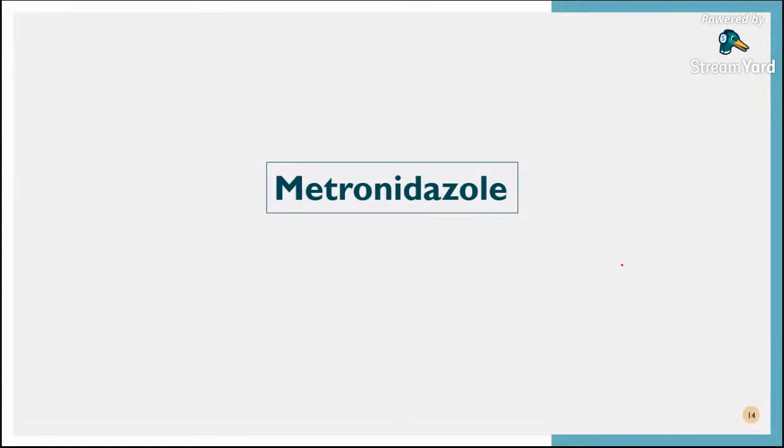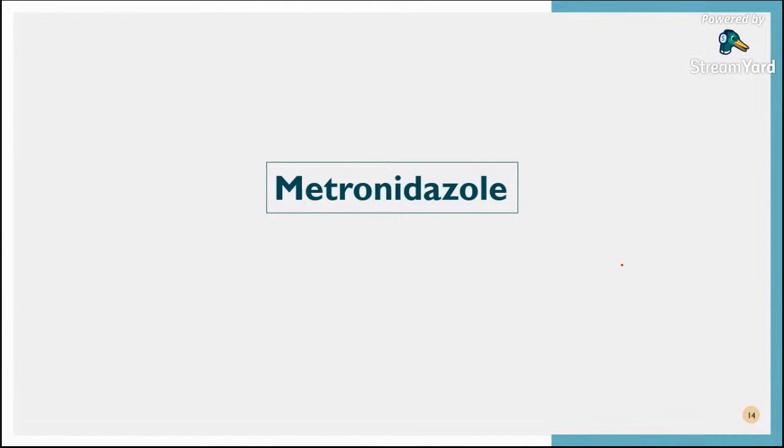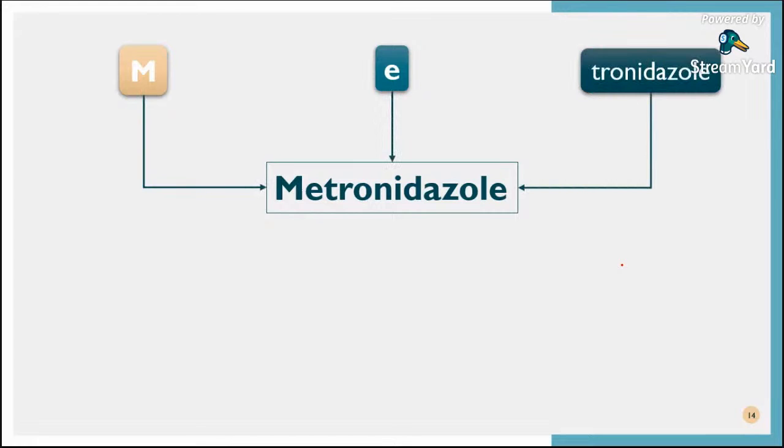I have broken this word metronidazole. So just observe on your screen. I'm going to break the word metronidazole itself. See here, I have broken it. Again, observe it. M plus E plus tronidazole.